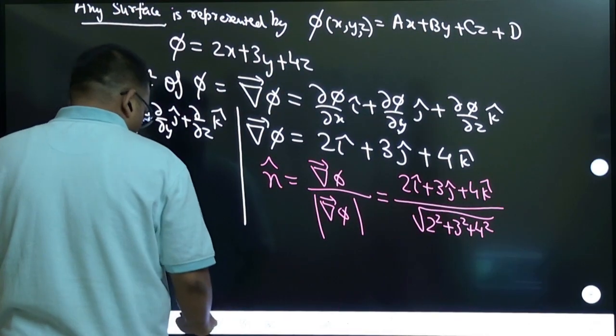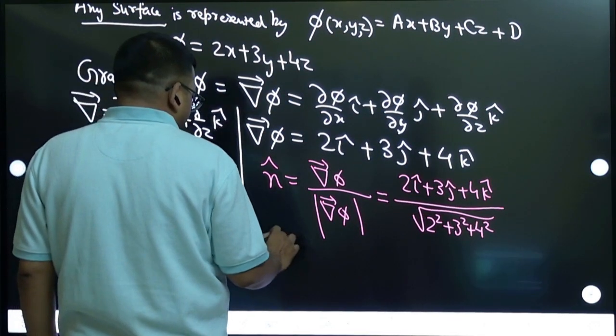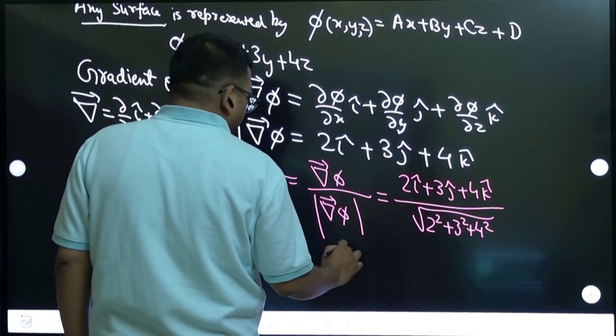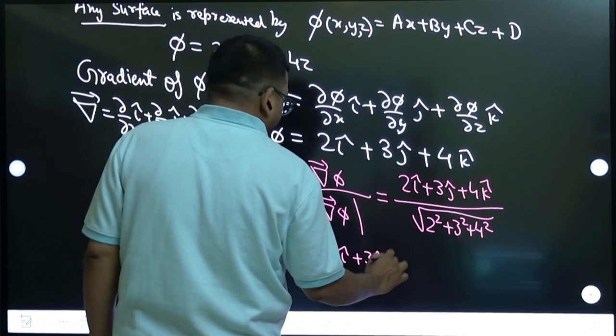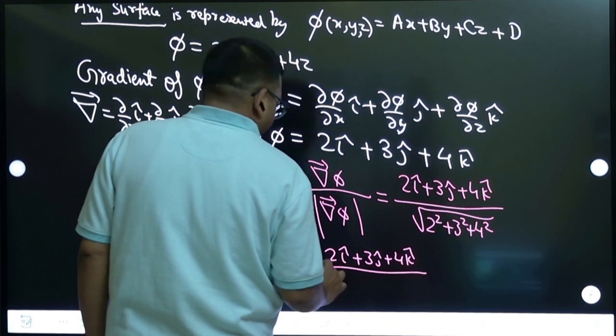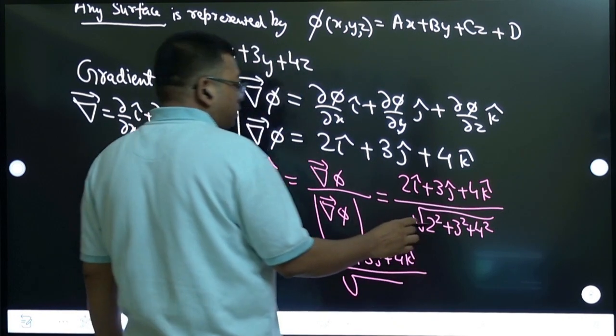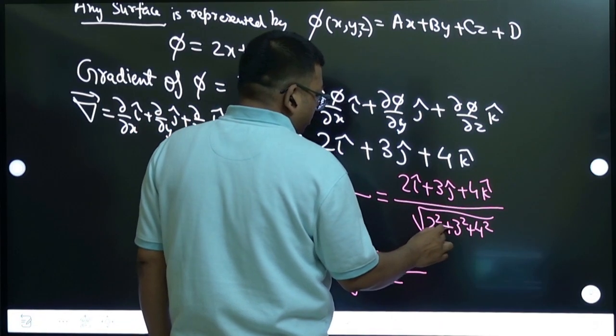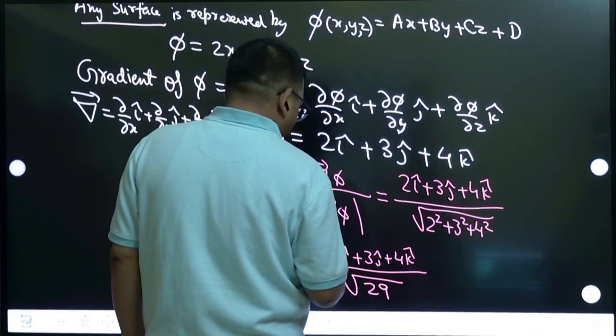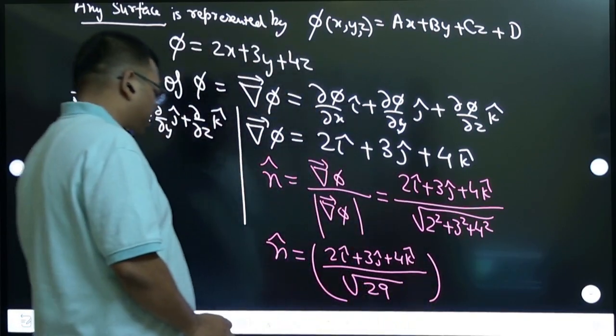So 2i plus 3j plus 4k divided by root under how much? 4 plus 9 plus 16 is 29. This is a unit vector along this perpendicular direction.